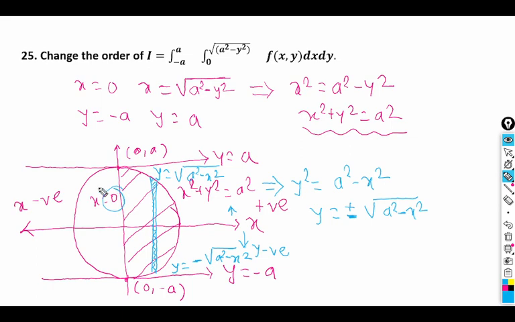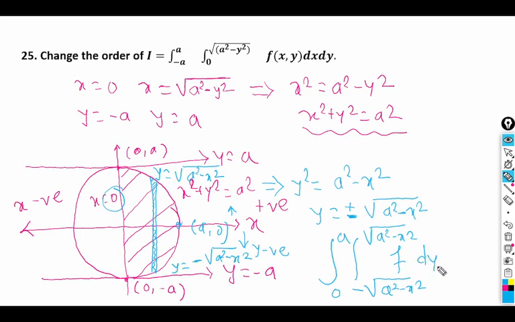The minimum value of x is 0. The maximum value of x is here, a. So that is the inner limit, and that is the double integral we want. I will write it here also. After change of order, the inner limits are minus root of a square minus x square to plus root of a square minus x square, and x is 0 to a, and the order becomes f dy dx.